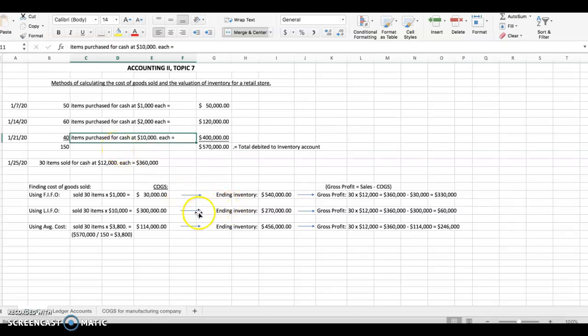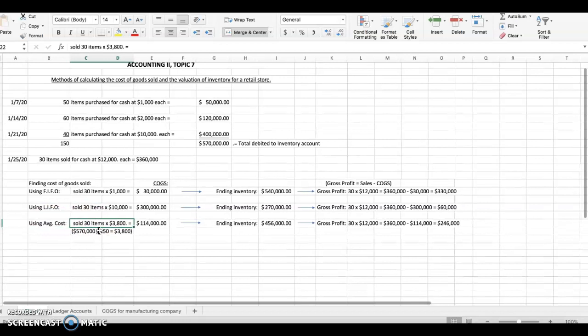In this case, probably the best scenario would be to use the average cost basis, and we just learned about that. We sold 30 items. That didn't change.